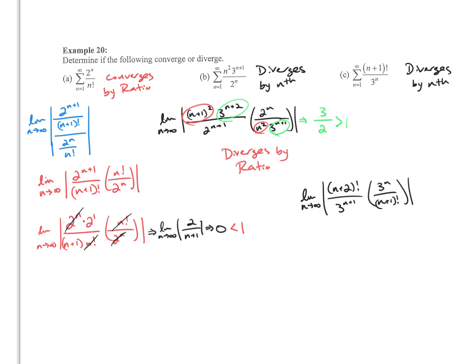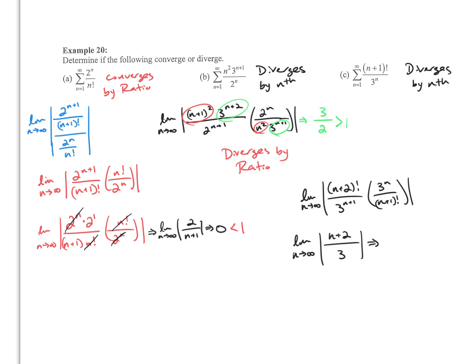So now, what is this n plus 2 factorial? That's really what? N plus 2 times n plus 1 factorial. So what's left in the numerator? N plus 2. All right? And then what's left in the denominator? A 3. And so now, what's my limit as n approaches infinity of this thing?